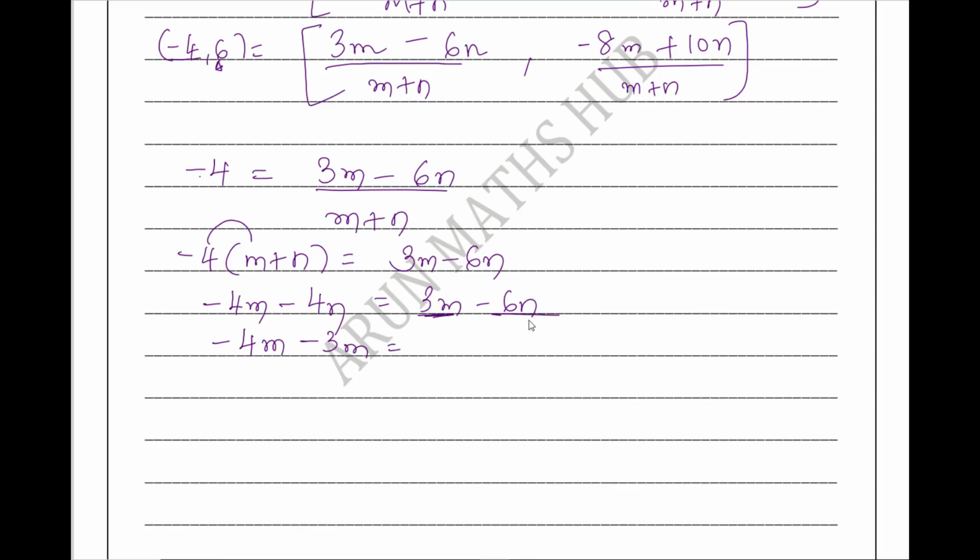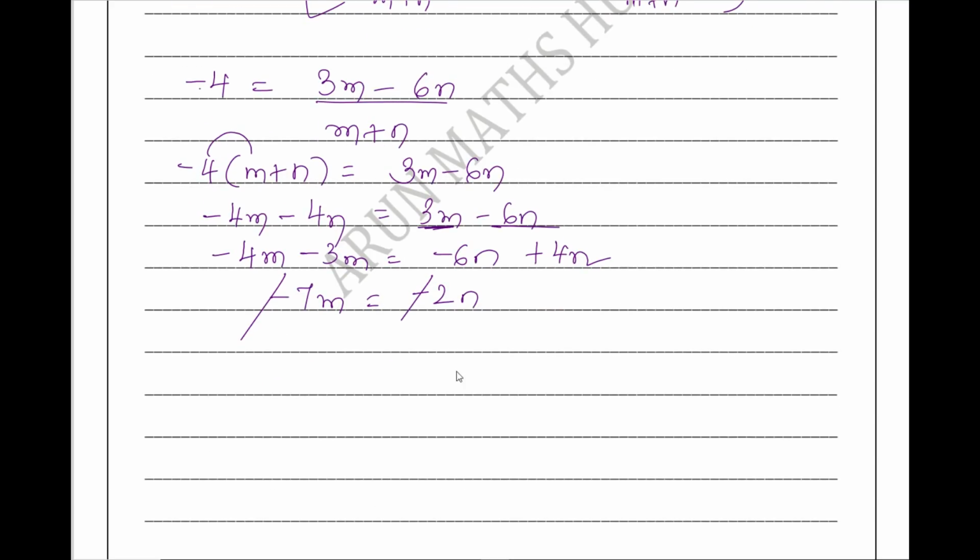Minus 6n stays in the RHS as it is, and shifting minus 4n to the RHS, it becomes plus 4n. Now minus 4m minus 3m, what I get is minus 7m equals minus 6n plus 4n, which is minus 2n. Now minus and minus will cancel out on both LHS and RHS.